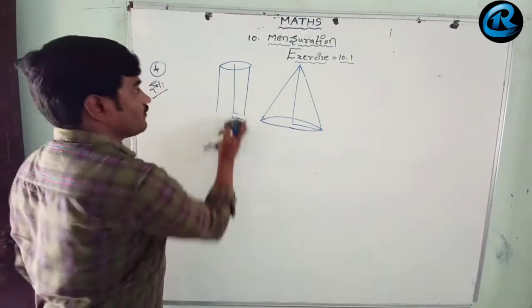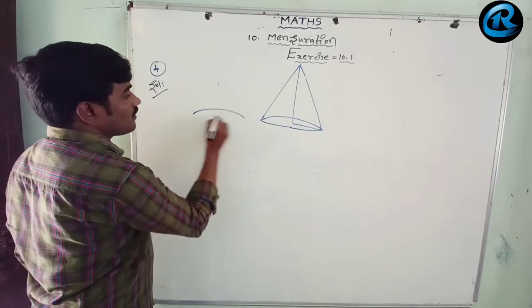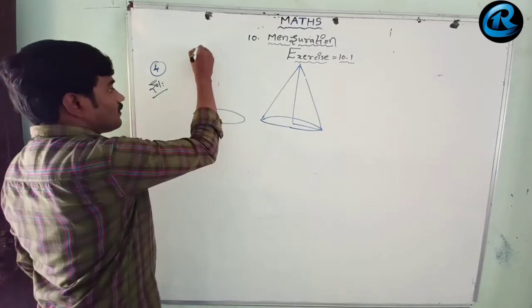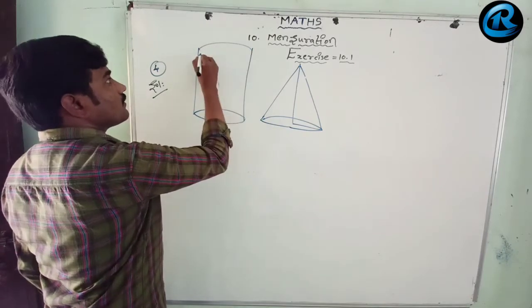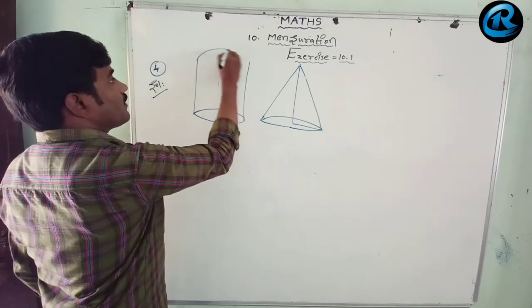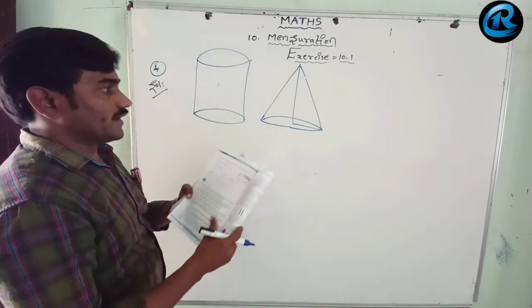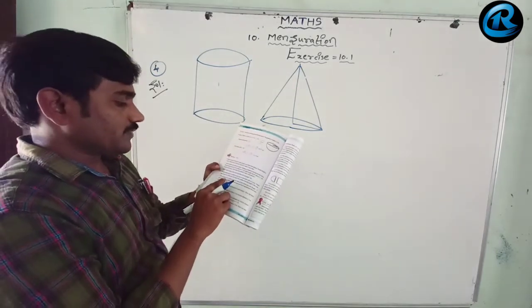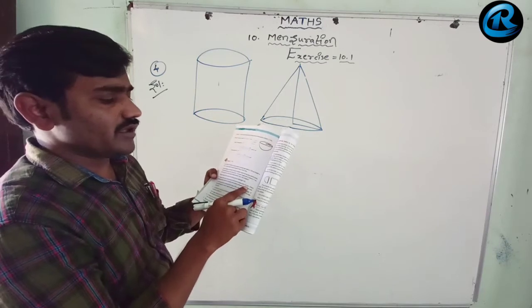Okay, I will draw this cylinder and cone once again. Why am I drawing like this many times? You will come to know that. See, the lateral surface area of a cylinder is equal to the curved surface area of a cone.